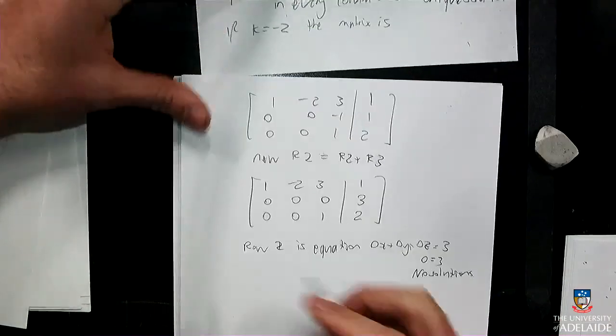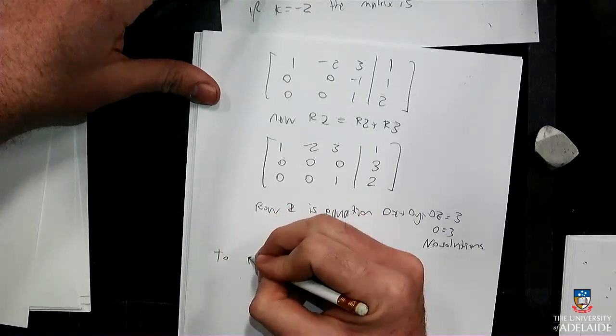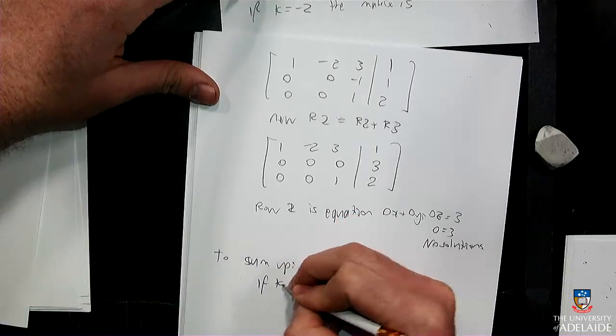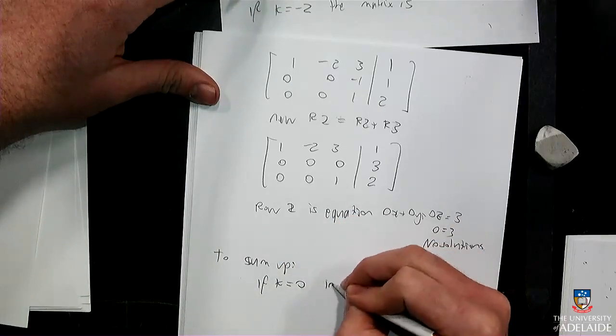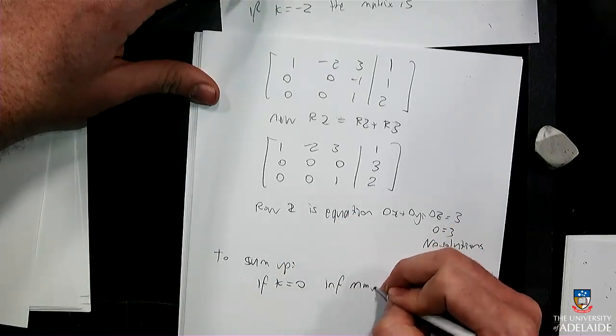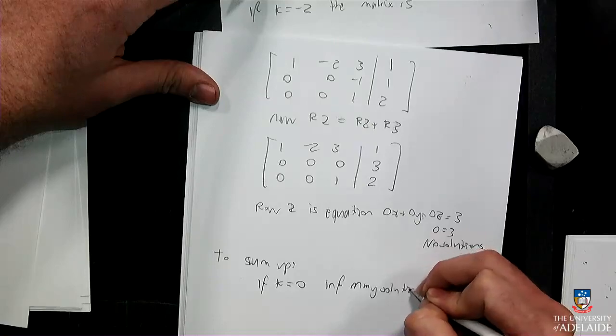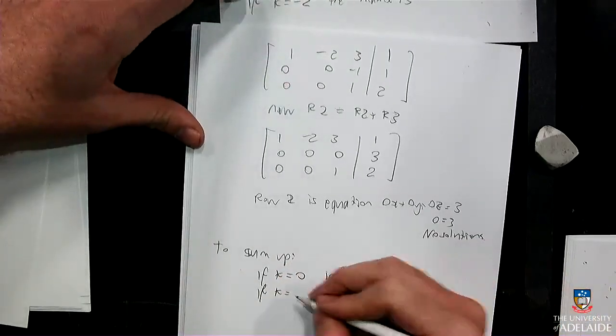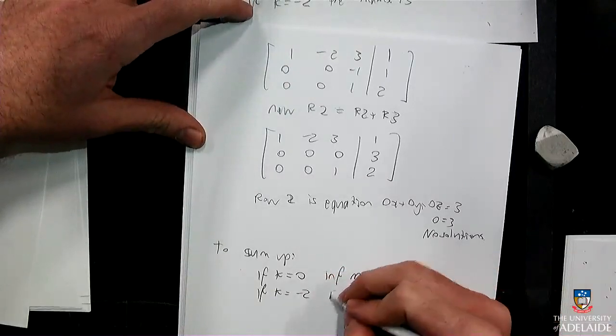So to sum up, if k is 0, there's infinitely many solutions. If k is, what was it, minus 2, there's no solutions.